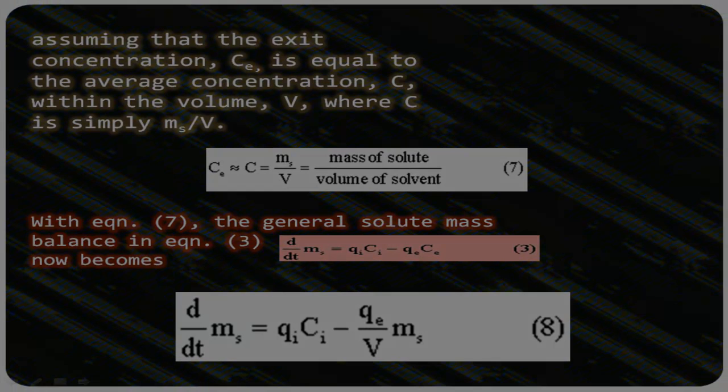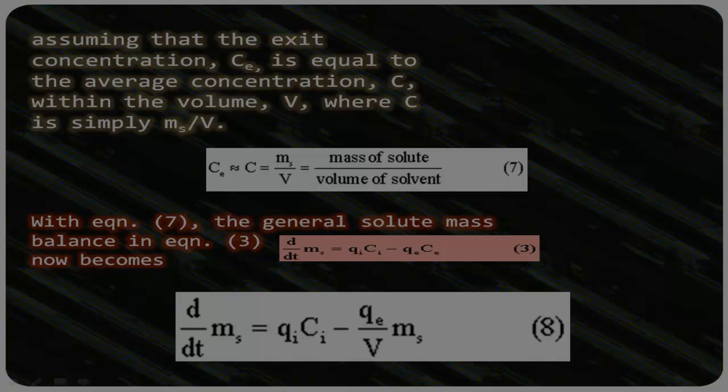This simple relationship allows us to write the exit concentration in terms of the average concentration, or Ce is equal to C, which is Ms over V. With equation number 7 in the general solute mass balance of equation 3, the change in the mass of solute over the change in time is equal to Qi minus Qe over V times Ms, which is equation number 8.